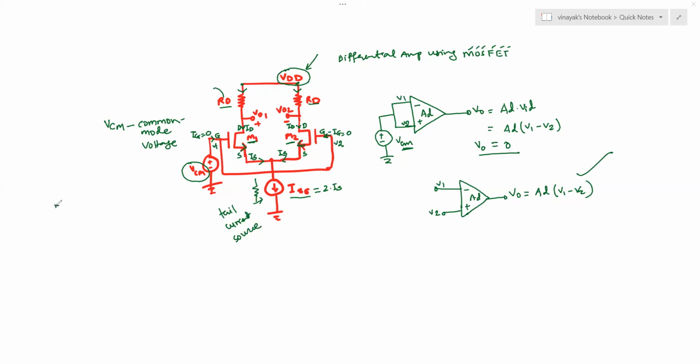So let me write here, ID1 is equal to ID2, that is the drain current, and we can write also IS1 is equal to IS2, and that is equal to ISS by 2. We are assuming here the gate currents IG is equal to 0, obviously.